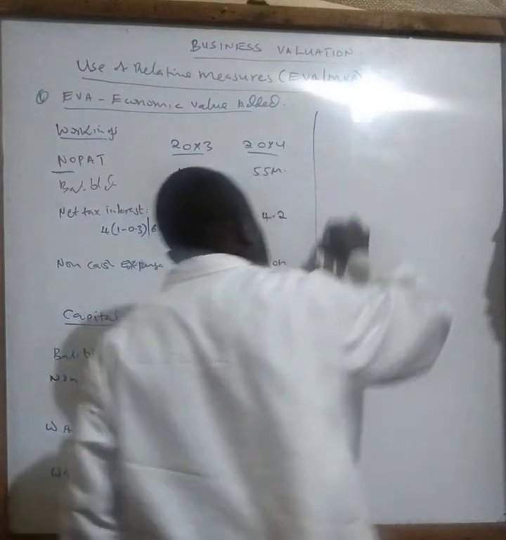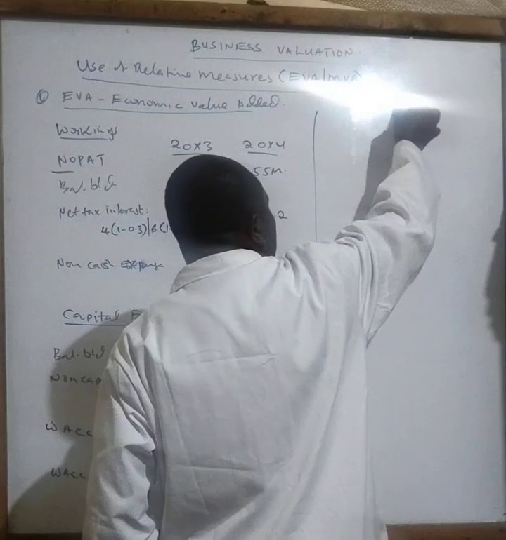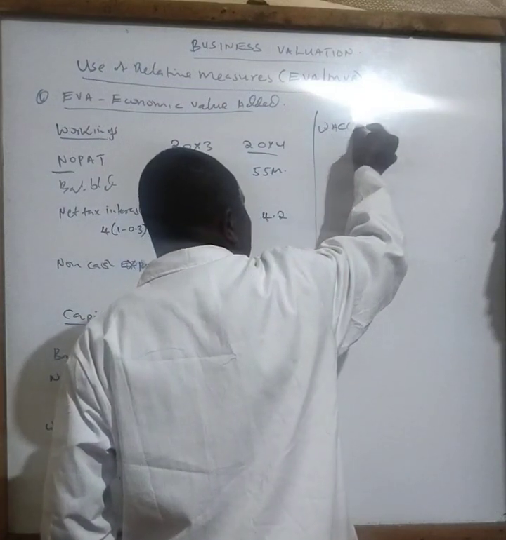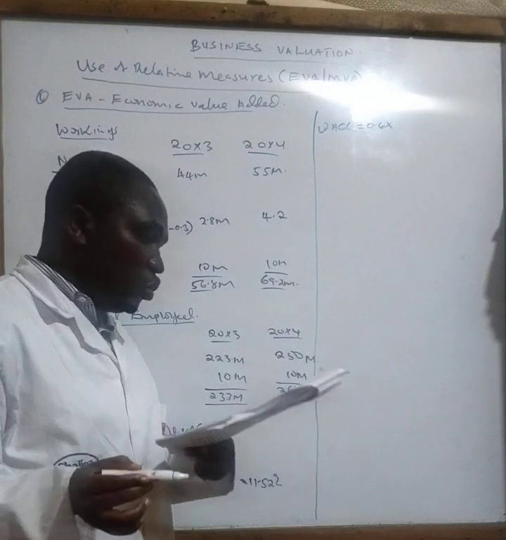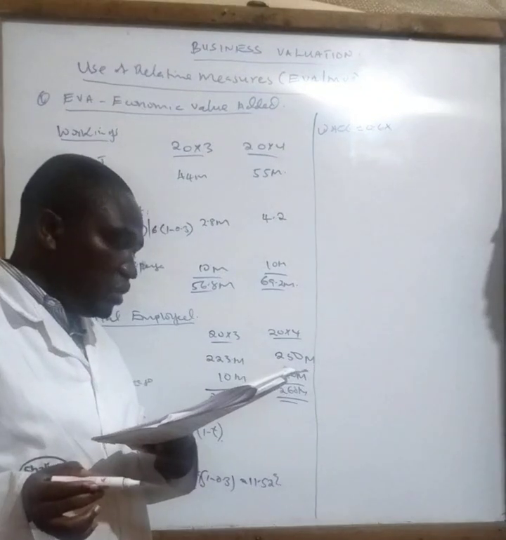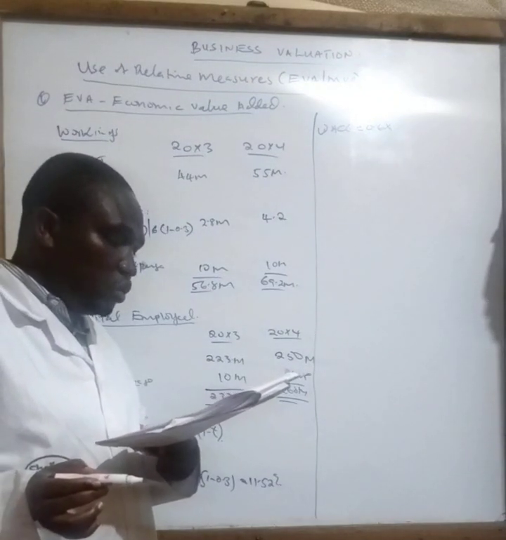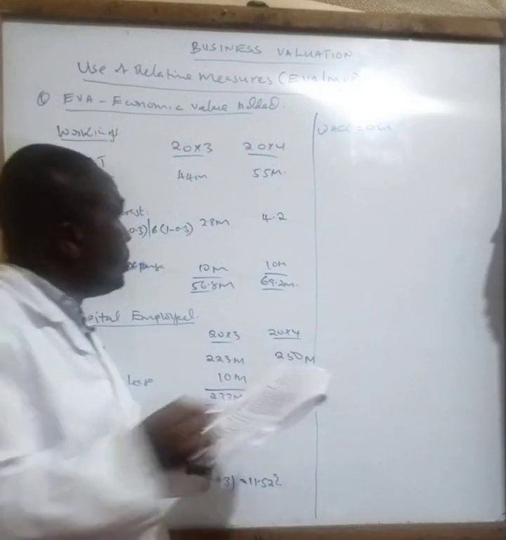Then we go to 20x4. 20x4, our work will be 0.6 times cost of equity for 20x4 according to additional information number D. Cost of equity for 20x4 is 17%.